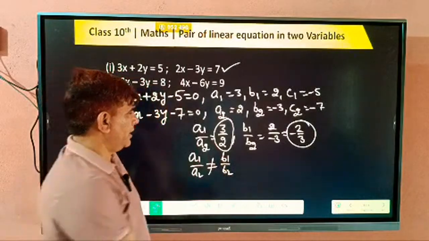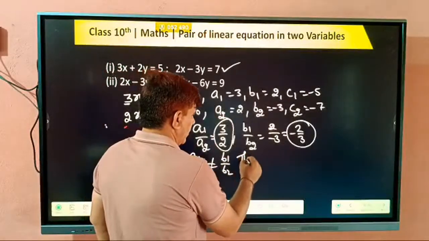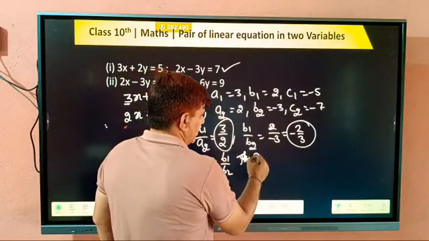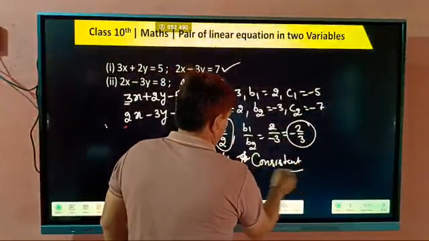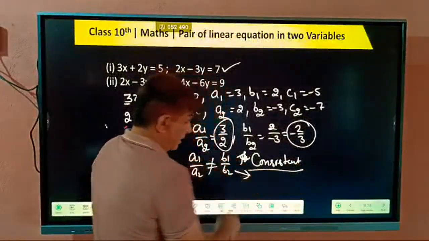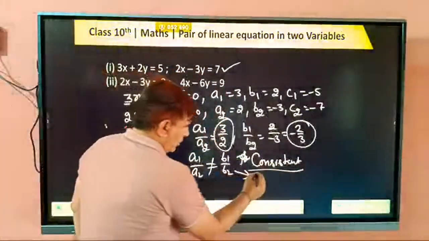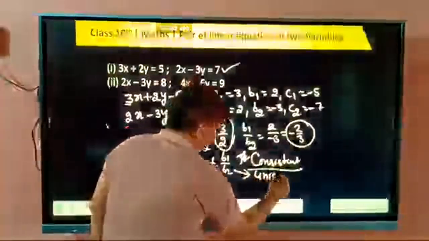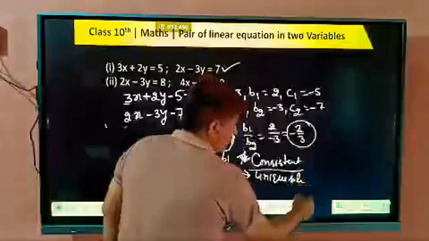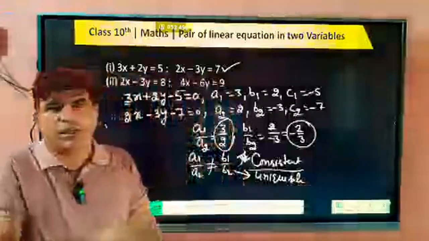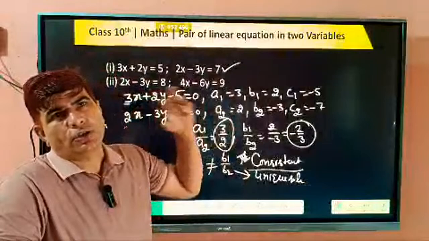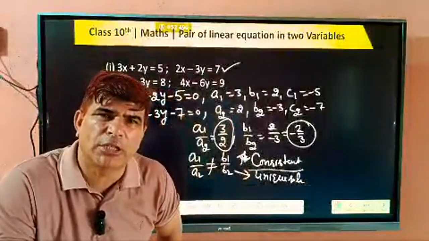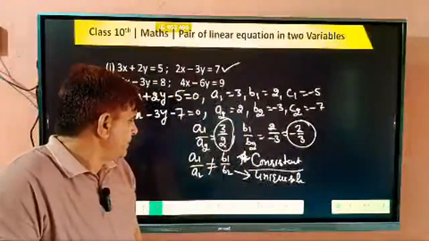So what can you say? They are consistent. Consistent means a unique solution, and graphically both straight lines cut each other at a point. That point is the solution of this linear equation in two variables. Got it?